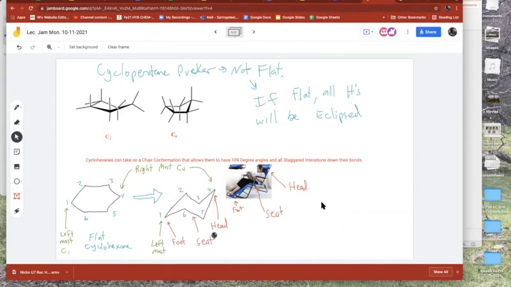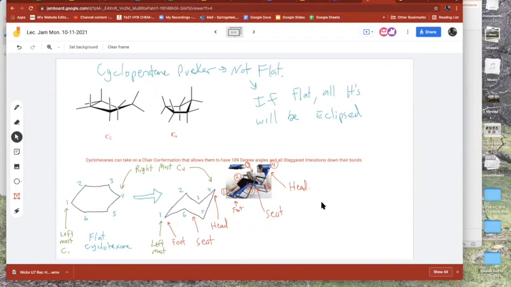If I were to number this chair, I would say this is carbon 1 right there, and we got 2, 3 is back down behind, and then 4, 5, 6. That's where the name comes from. Chemists think of it as like a chair.